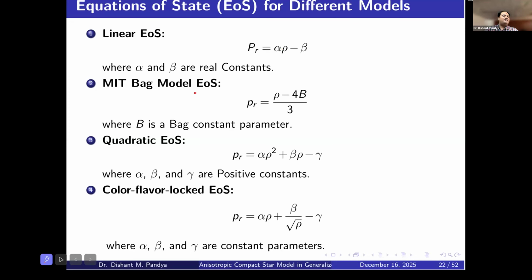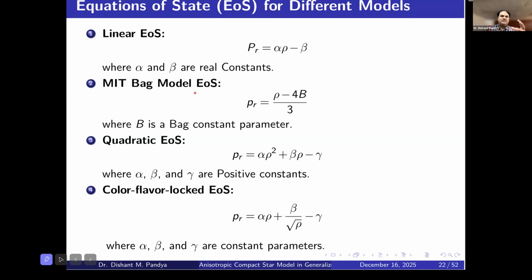Another one is the MIT Bag model. Obviously, the name itself suggests that it was studied at the Massachusetts Institute of Technology. There they talk about gluons and quarks in the matter.